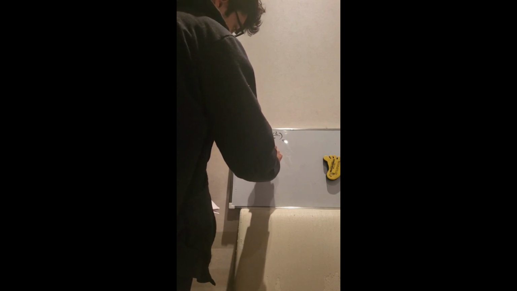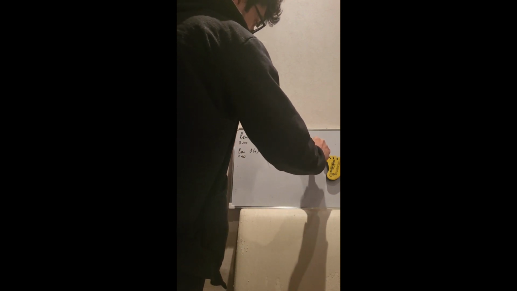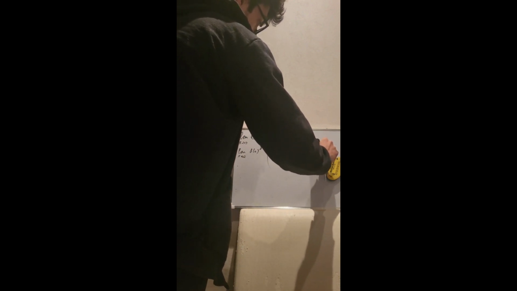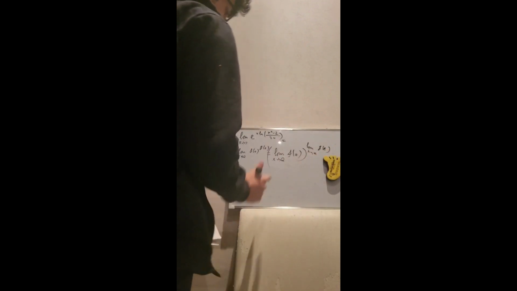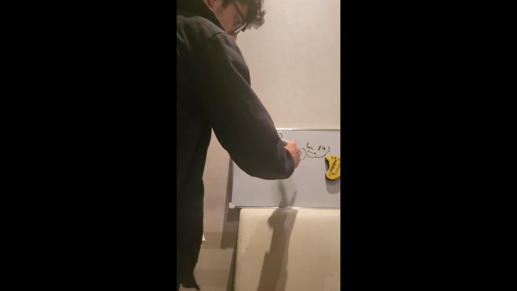So it's going to be limit x approaching a of f(x) power of g(x) equals limit x approaching a of f(x), power of limit x approaching a of g(x). So it's our formula. So we are going to find firstly this one, then this one, and then put the power for both of them.